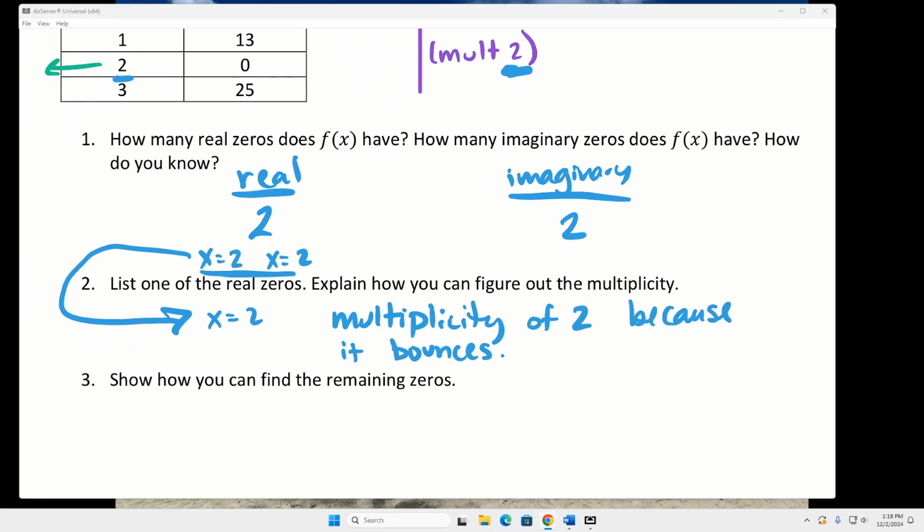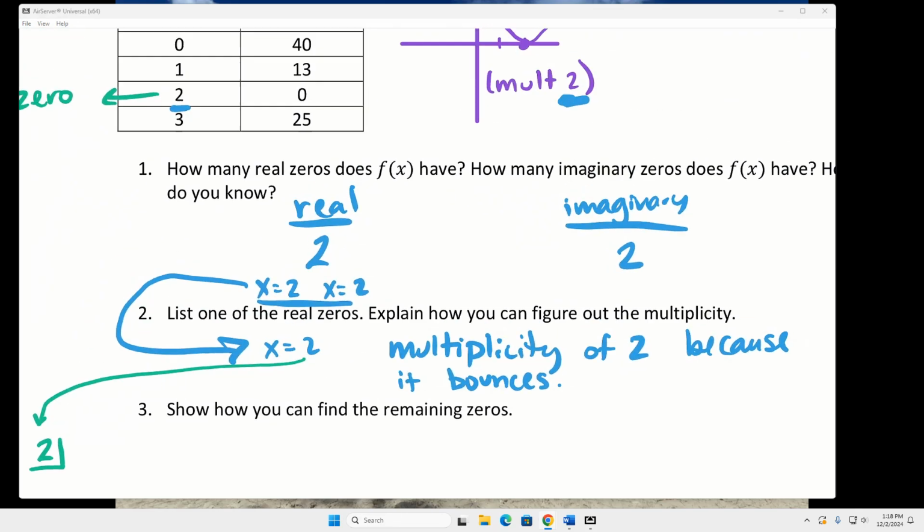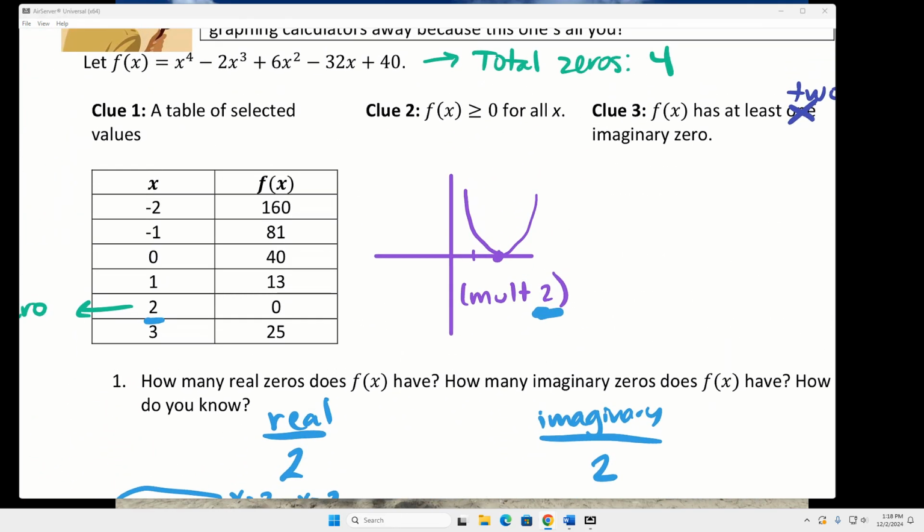All right, and then number 3. So I know that 2 is a 0, and so I'm going to find the remaining zeros by starting off and doing synthetic division with 2. So if 2 is a 0, you can put it in the box, and then go back to f and write your coefficients and your constant to the right of the box.